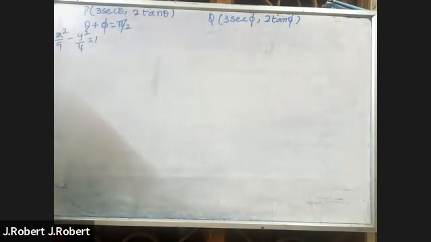Then find the ordinate of the point of intersection of the normals at P and Q.